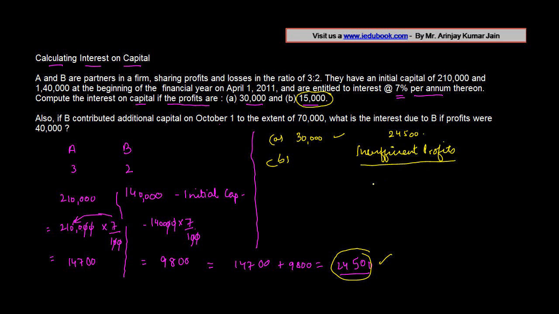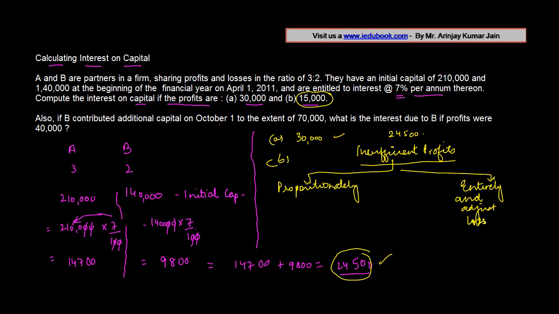When the profits are insufficient, there are two methods that you can follow, right? The first one is you give the interest proportionately. Or second is give the interest entirely and adjust losses.